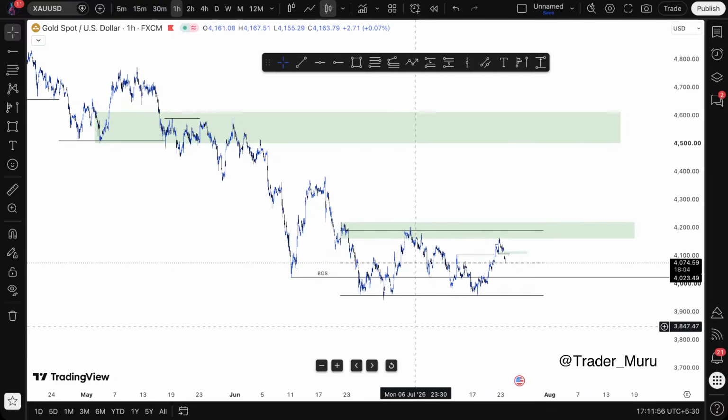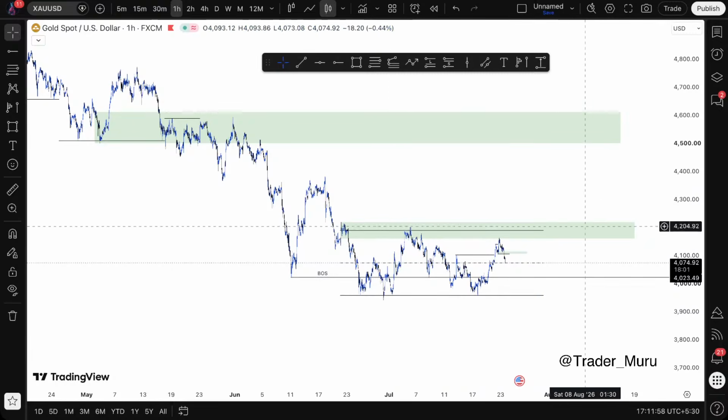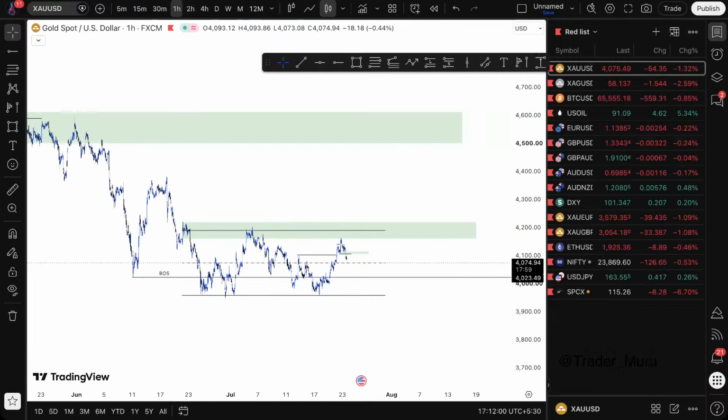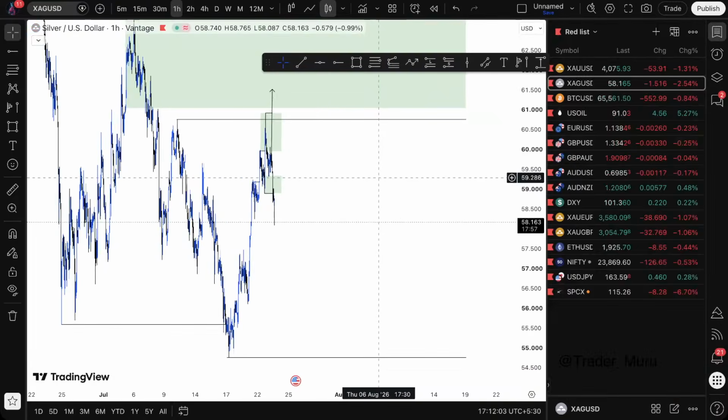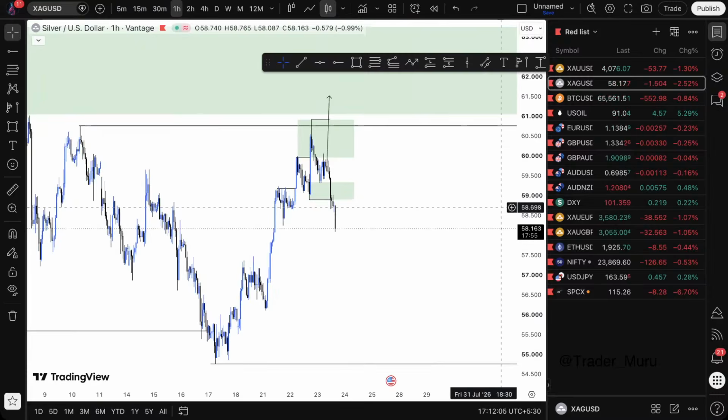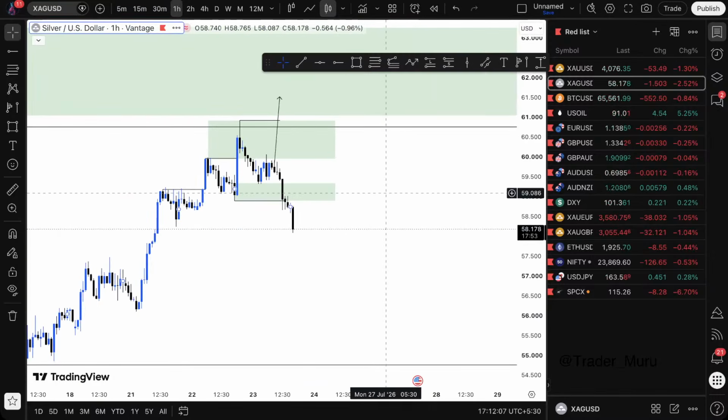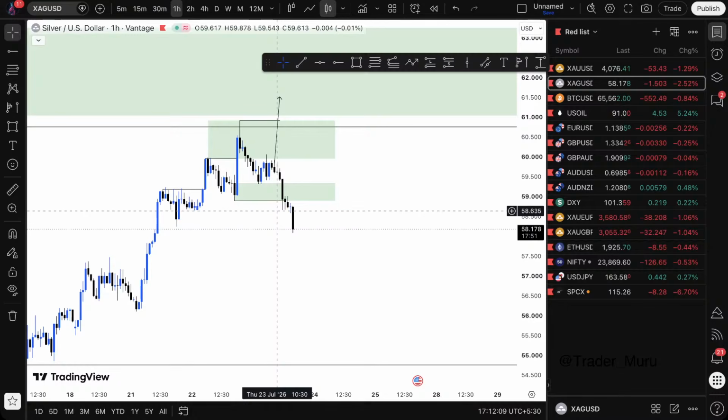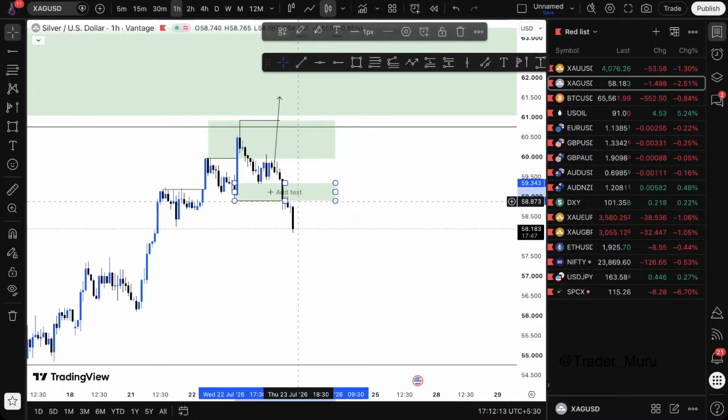So silver and DXY view. Silver is bearish on the 1 hour time frame. We have a 2 candle closing below. After 2 candle closing, price has not retested this area. So if you get a little bit of push, watch this area for a short entry.